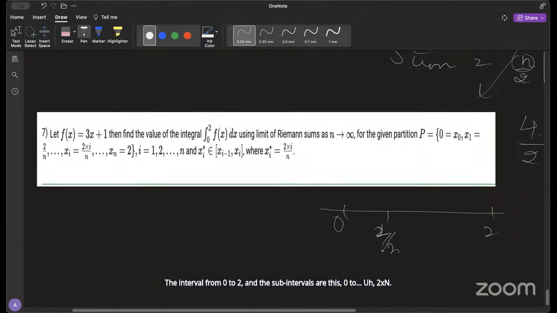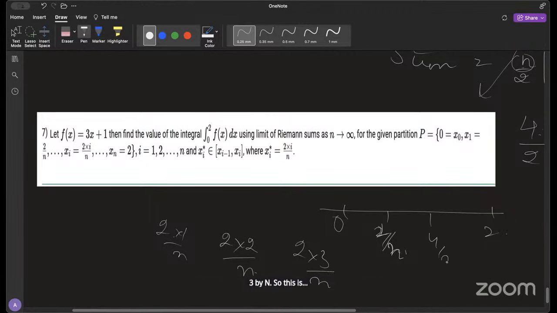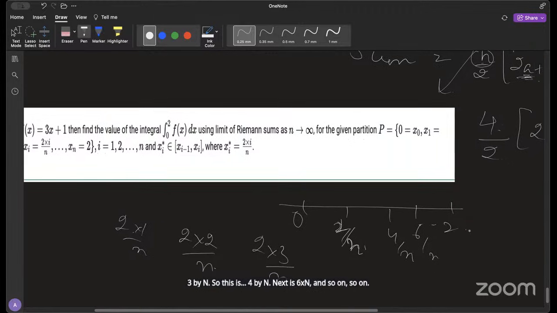And then for xi, you have 2 times 1 by n, which was x1, so you had 2 by n. Next up, you'll have 2 times 2 by n, and then next up, 2 times 3 by n. So this is 4 by n, next is 6 by n, and so on, right?